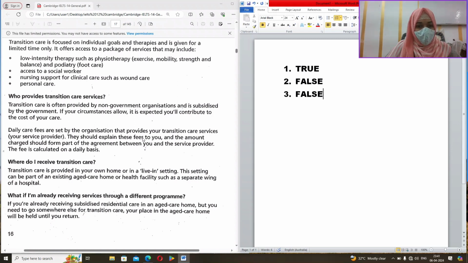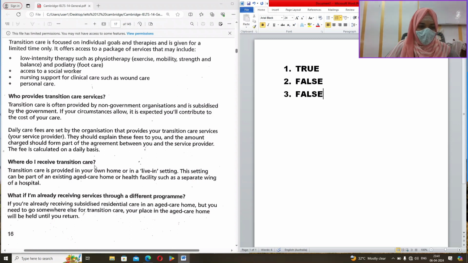They should explain these fees to you, and the amount charged should form part of the agreement between you and the service provider. These fees are calculated on a daily basis. So nothing is written about that in this. We did not find our answer because they are not asking on which basis your fees is calculated.